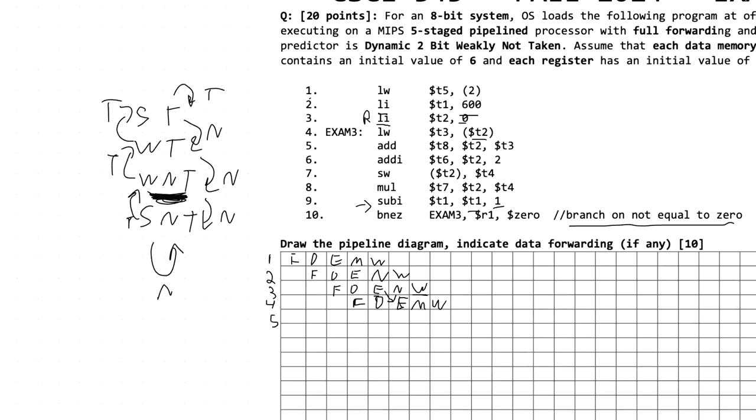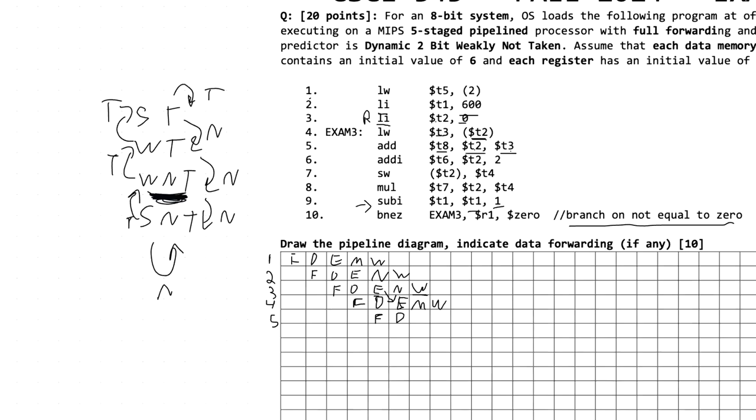Now for 5, we had add T2 and T3 and put the result in T8. Well, okay, if we start out with fetch and decode, data dependencies. Are there data dependencies? Yes. T2 and T3, right? Well, T2 would be up here.